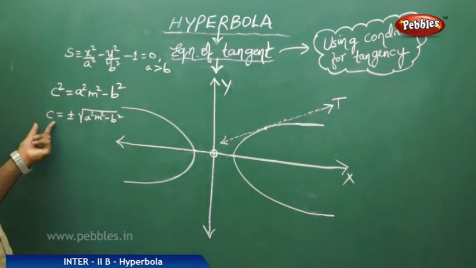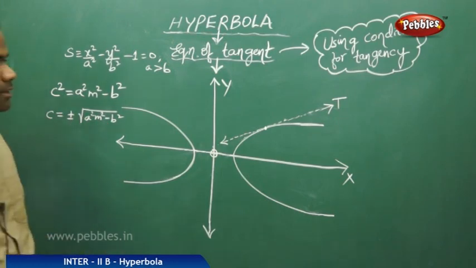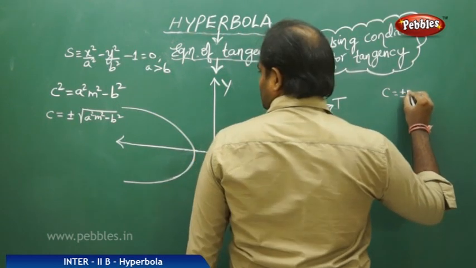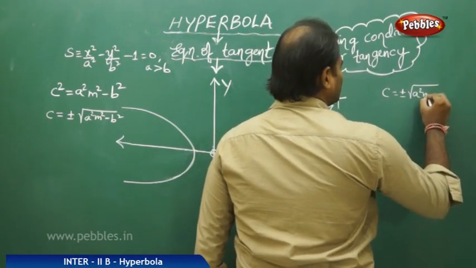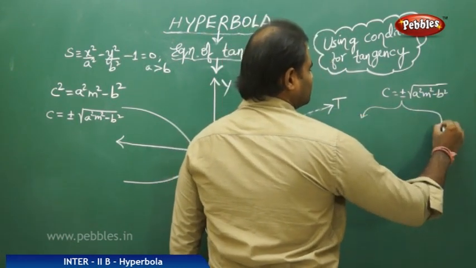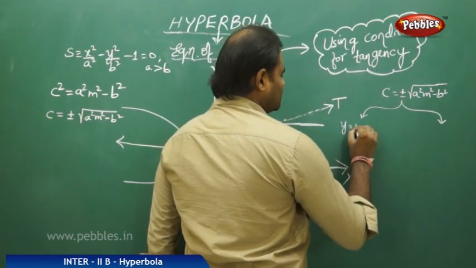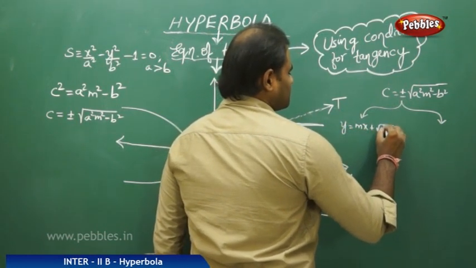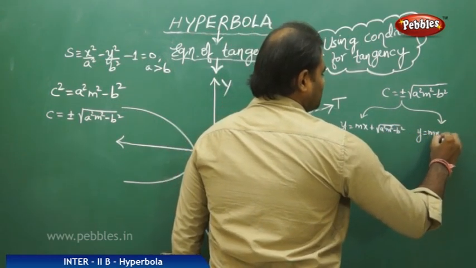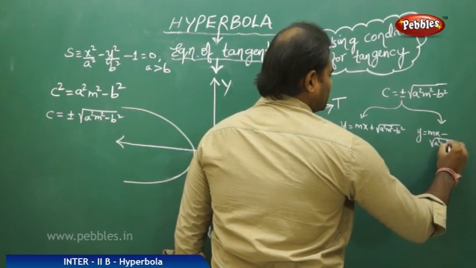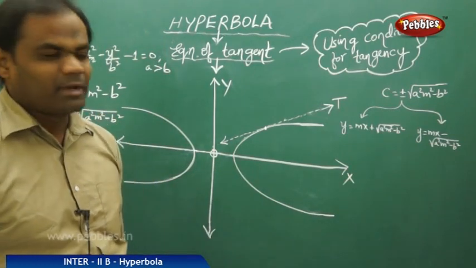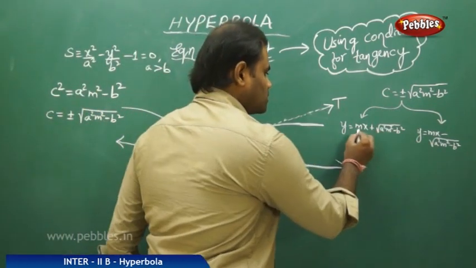Therefore, c has two values, one given by plus and one given by minus, and therefore c equals plus or minus root of a square m square minus b square gives rise to two cases of the lines. So one of the lines is y equals mx plus root a square m square minus b square, and the other is given by y equals mx minus root a square m square minus b square. Every pair of tangents has equal slopes.